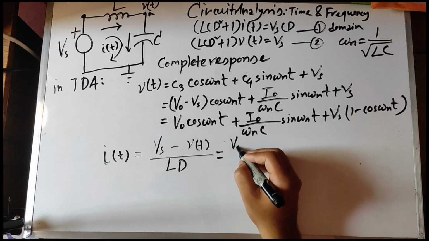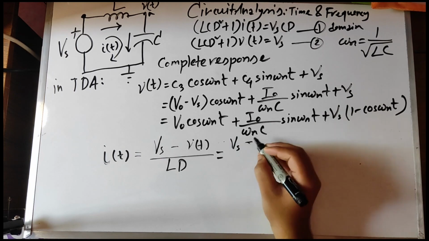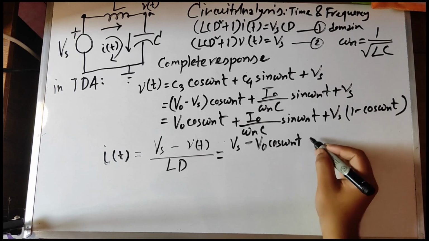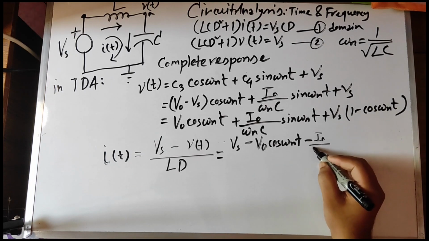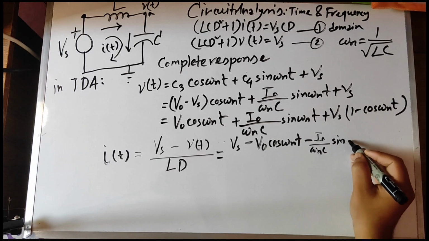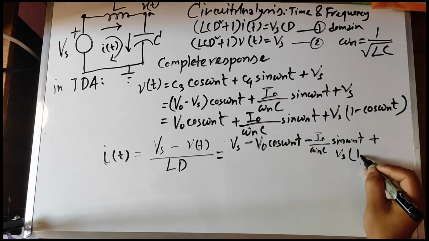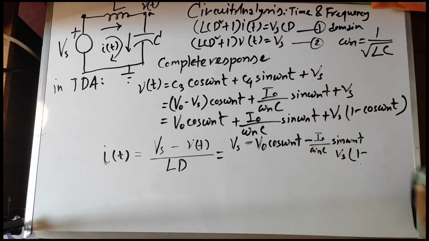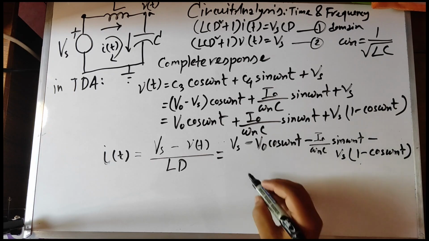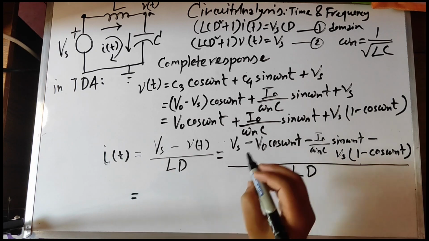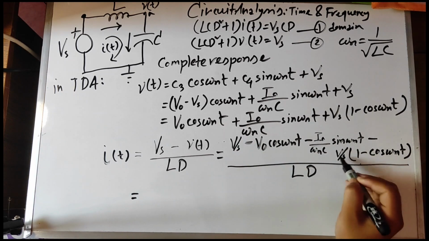So Vs minus VO cos omega nt minus IO by omega n C sin omega nt, plus Vs, sorry, this is not plus, this is minus, so minus 1 minus Vs 1 minus cos omega nt, divided by LD. Here Vs will cut out.